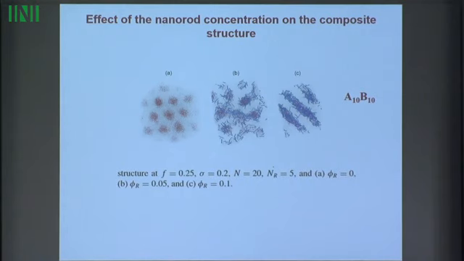And for example, these are snapshots which illustrate how the nanoparticles can induce a transition from the hexagonal phase to the lamellar phase, just by changing the volume fraction of nanoparticles. So you need a significant volume fraction in this type of simulation, about 10%, to induce that.